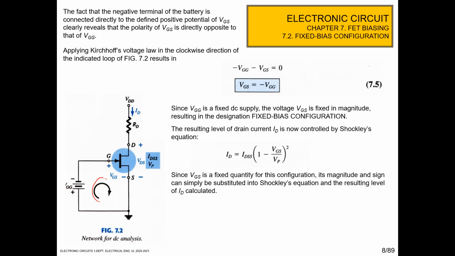Because VGG is a fixed DC supply, we call this the fixed bias configuration, and we can find the drain current by using the Shockley equation. Because VGS is constant, ID is also constant here.